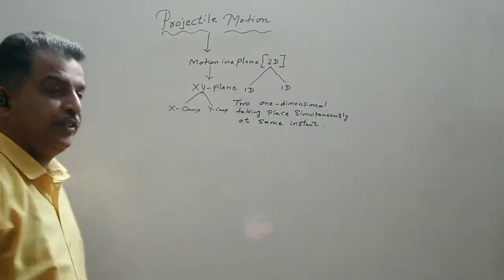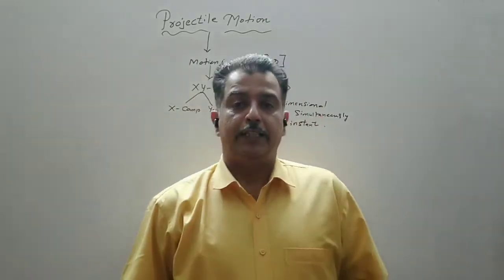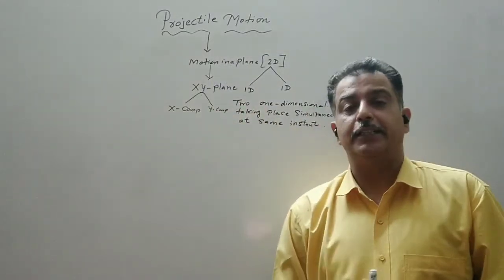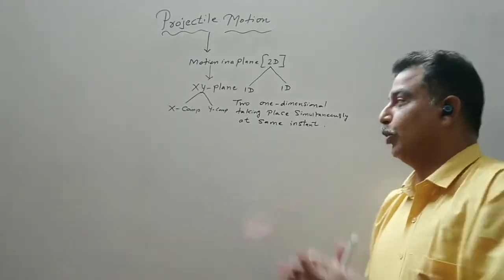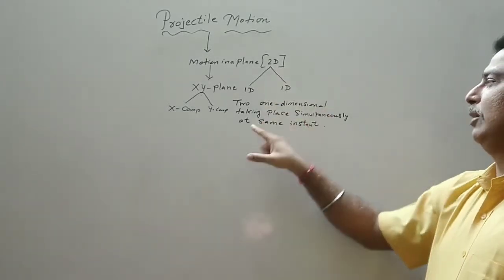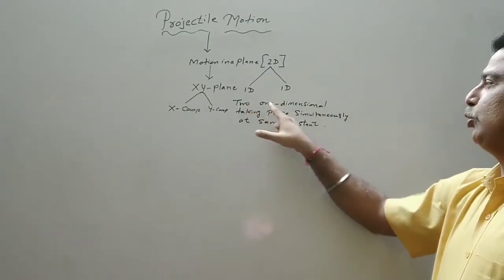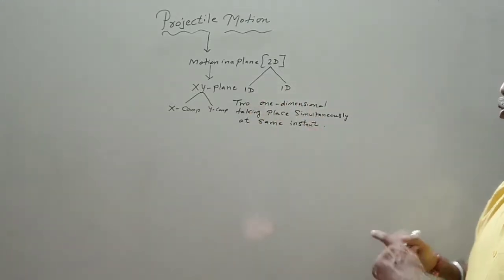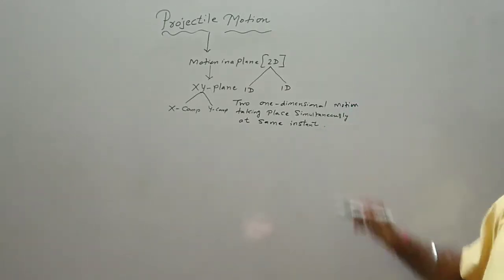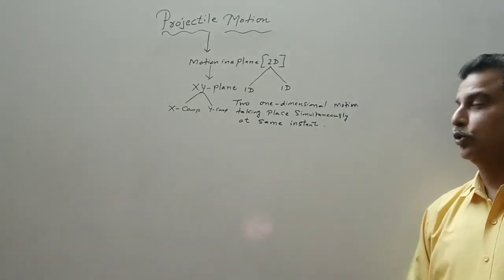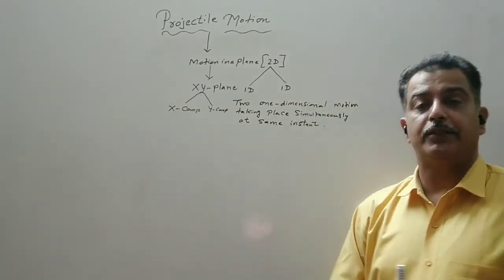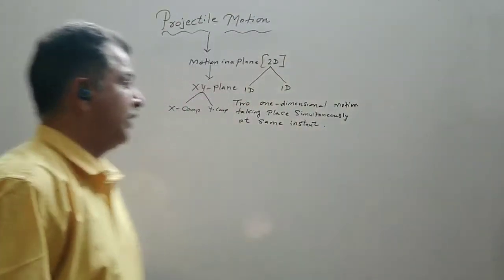It will be easier to deal with projectile motion if the x components are studied separately and the y components are studied separately. Actually, this two-dimensional motion is nothing but two one-dimensional motions taking place simultaneously at the same instant. So we will resolve this motion and it will be easier to deal with projectile motion.